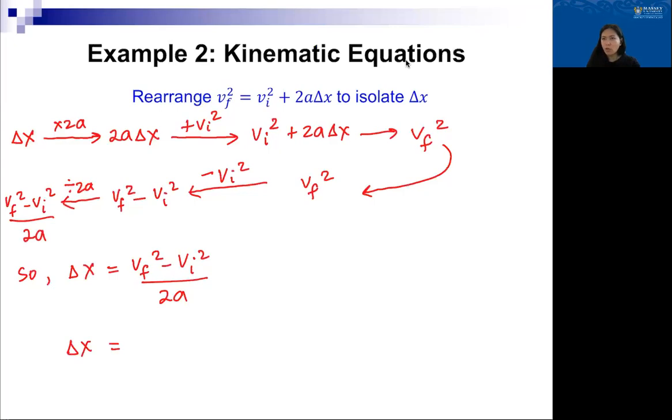Vf was 8 meters per second, so that's 8 squared minus vi was 0, 0 squared, it's still 0 anyway, divided by 2 times 0.4. You would still get the same 80 meters for delta x.